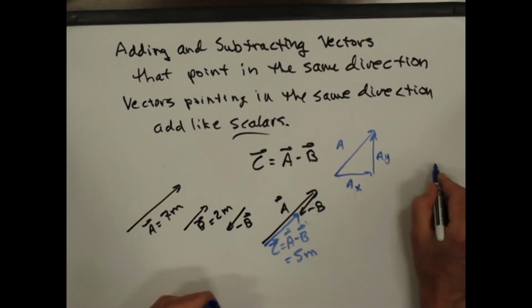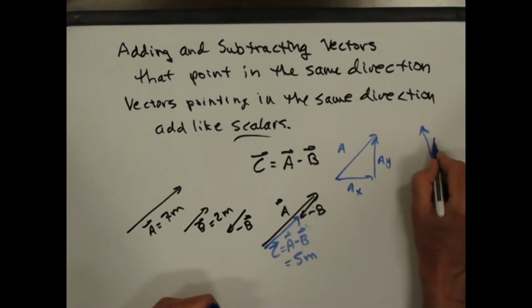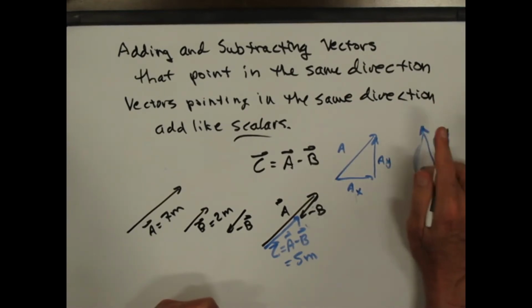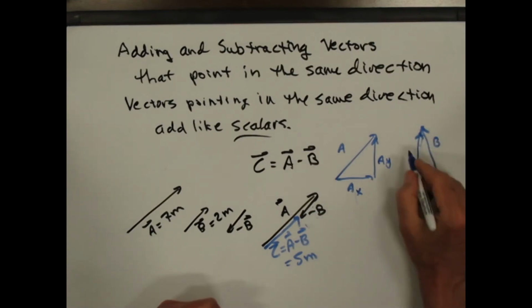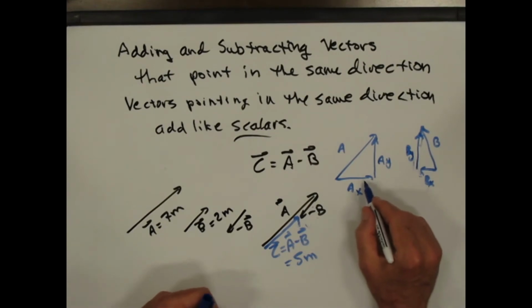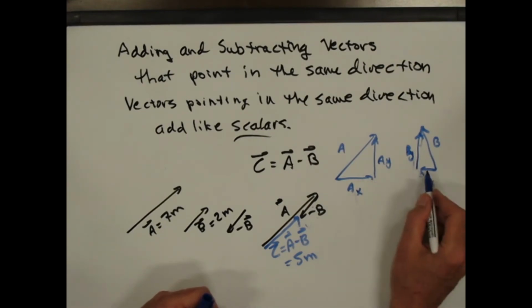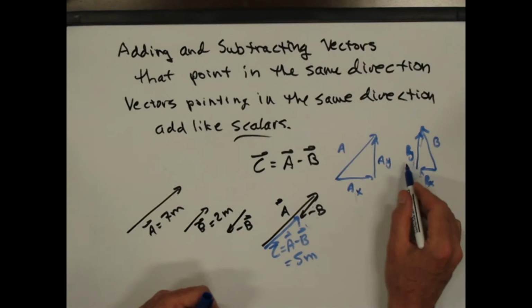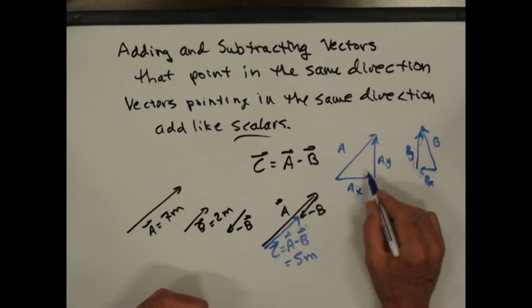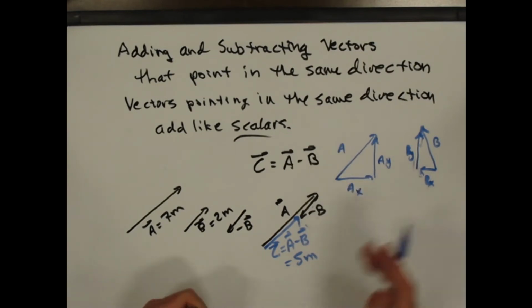And I might have some other vector B that goes this way, this is B, and I'll replace it with BX plus BY. And so when I'm doing that, I can very easily add the X components together and very easily add the Y components together because they add like numbers. And so that allows me to simplify the addition of vectors algebraically, and we'll get to that in the next section or so.